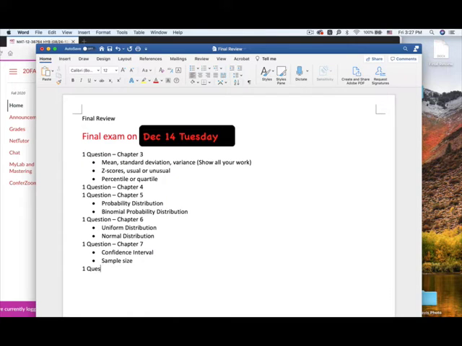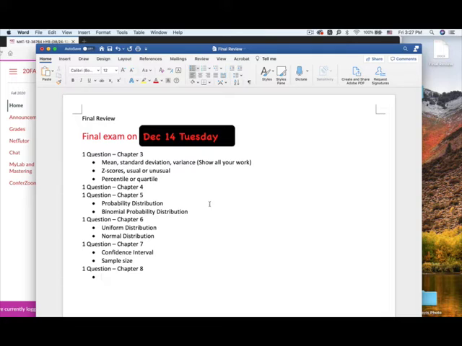You will have one question from chapter 8, the hypothesis testing. For the hypothesis testing, it can work with the proportion, the mean, standard deviation, or variance.